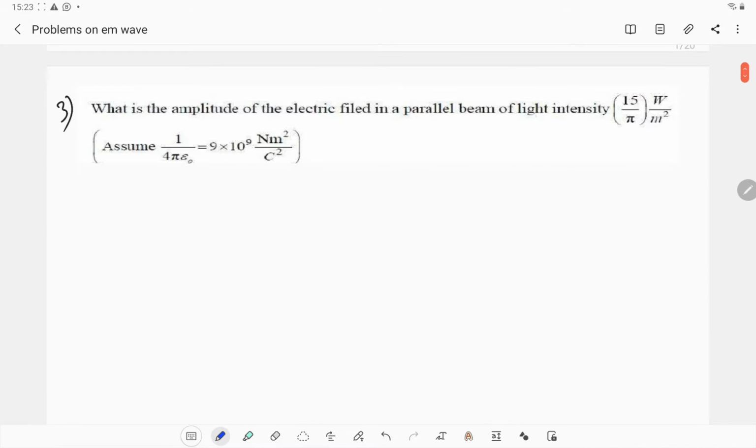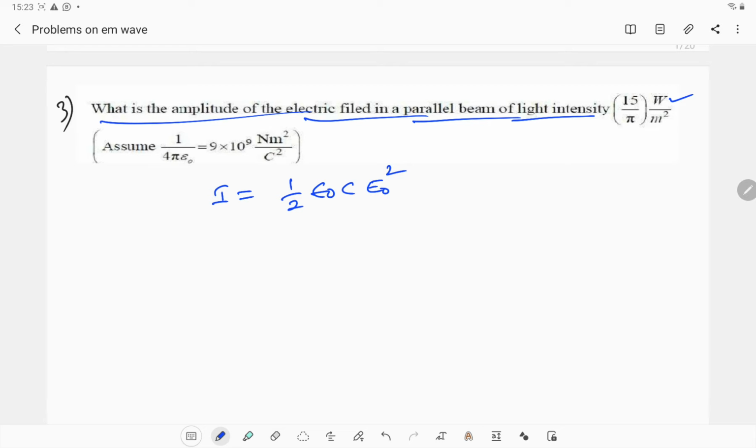Next, problem number 3. What is the amplitude of the electric field in a parallel beam of light of intensity 15 by pi watt per meter square? So here intensity I is equal to 1 by 2 epsilon naught C E naught square. Here intensity is given as 15 by pi. That becomes 1 by 2.